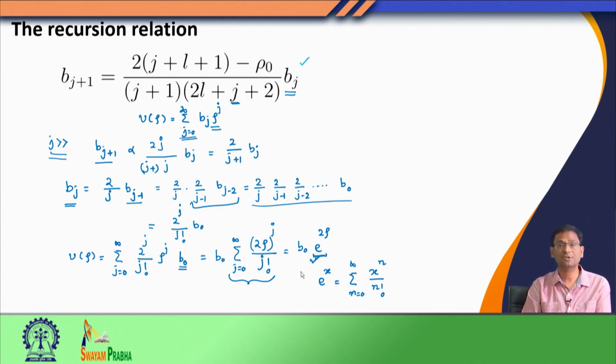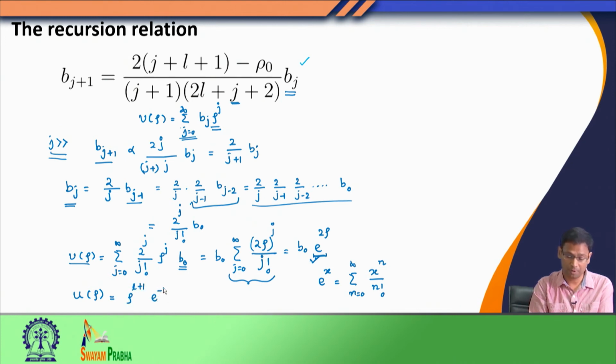If you notice this function carefully, you would see that I have this function e to the power 2 rho as v. If you remember, we had defined u as having a term rho to the power L plus 1 e to the power minus rho, and now we are seeing that for very large value of j, v of rho becomes e to the power 2 rho.